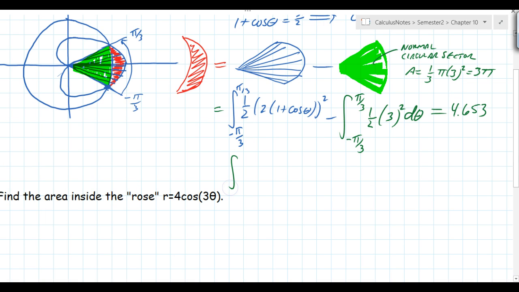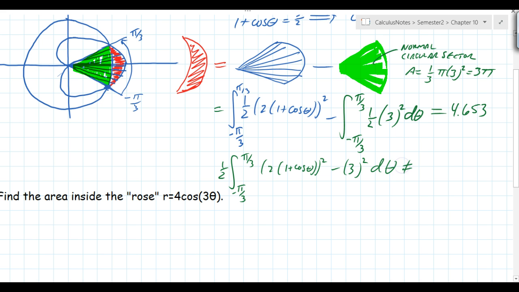We'd have to do it as the integral from negative pi over 3 to pi over 3 of 1/2. We can pull the 1/2 out in front, and then we still need to do r squared minus r squared, like that. That would work. That would be fine.